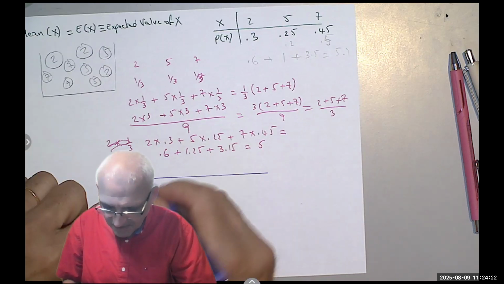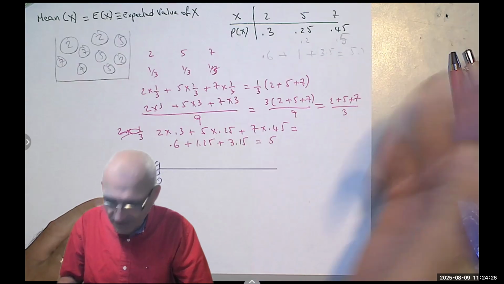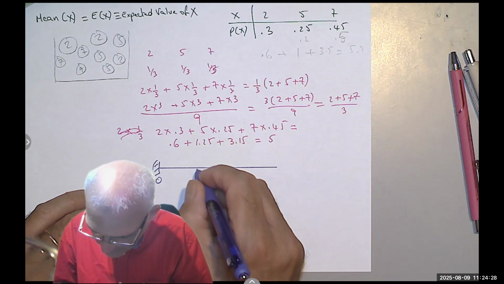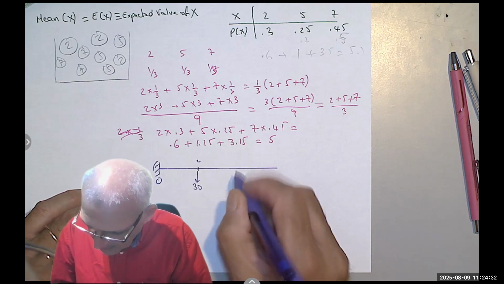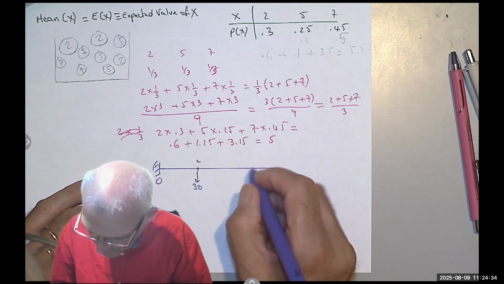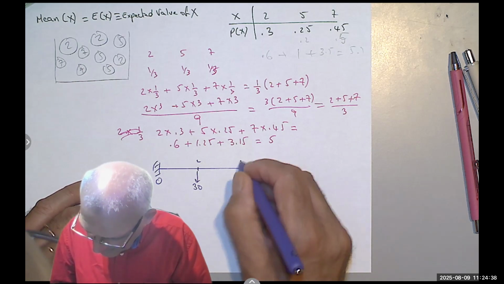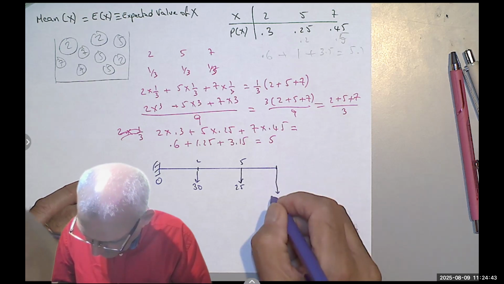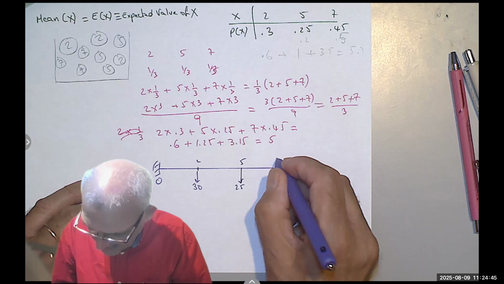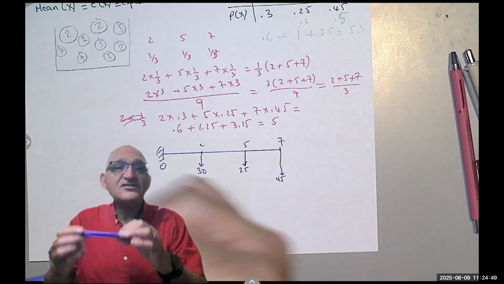Then I put a weight of, say, instead of 0.3, let's say 30 pounds placed at 2, 25 pounds at 5, and 45 pounds at 7. And I say, okay, where is the center of mass?